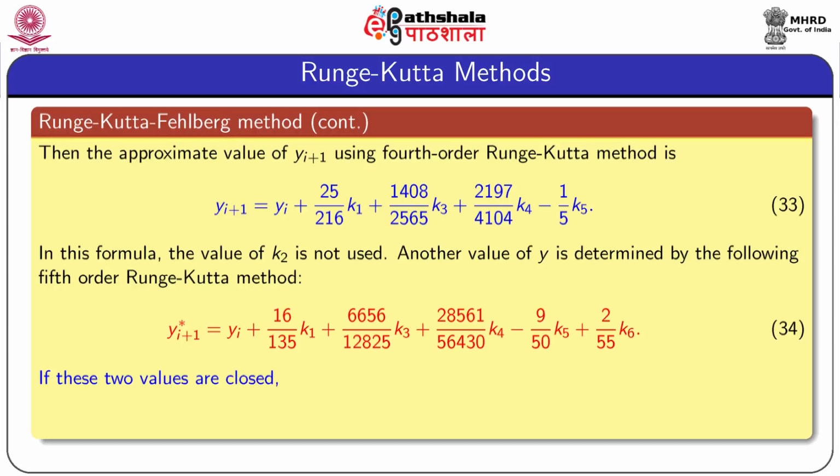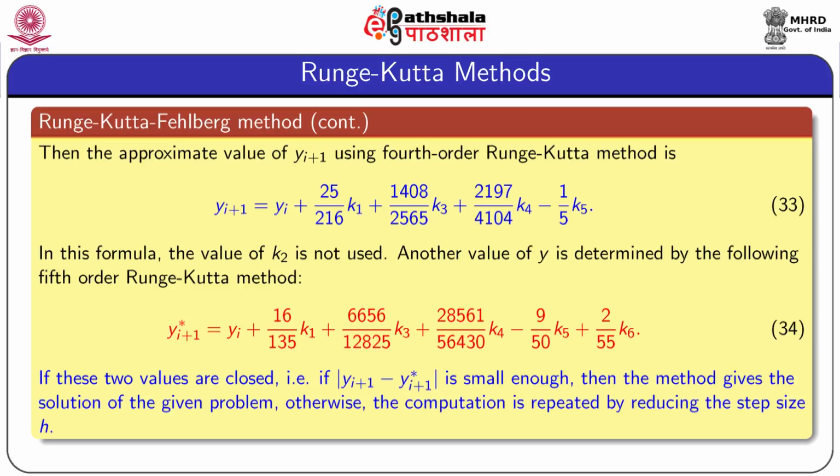If these two values are close, that is, if the absolute value of the difference of yi+1 and yi+1 star is small enough, then the method gives the solution of the given problem. Otherwise, the computation is repeated by reducing the step size h. This method gives better results than the conventional fourth order Runge-Kutta method. So, this method is known as the Runge-Kutta-Fehlberg method.